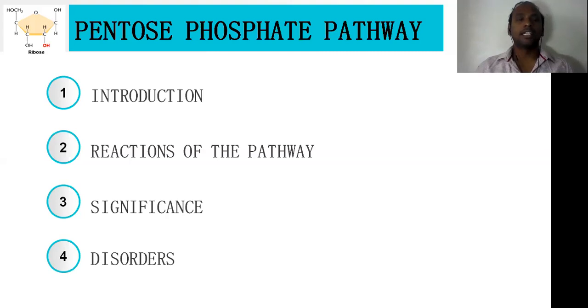The third one is important because it explains why the pentose phosphate pathway is important for the cell. In that scenario, I'm going to discuss the significance of this pathway. And last, coming to the disorders, is there any disorder associated with this pathway?